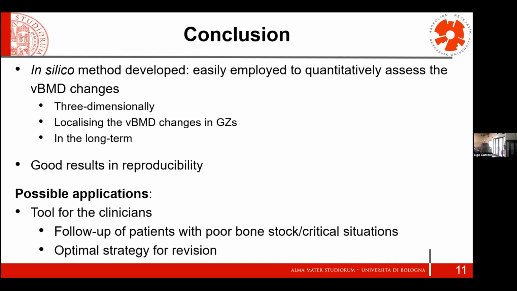And through a proper validation of the results that we obtained, this method can be used as a tool that we can give to the clinicians for the follow-up of patients when a failure of the implant is to be expected, and also as a tool for optimal strategy for revision and also for rehabilitation purposes.